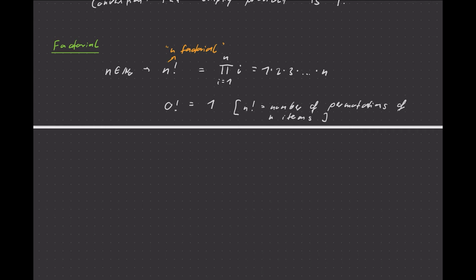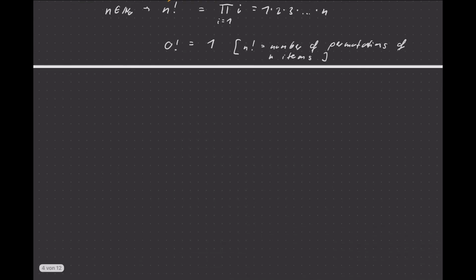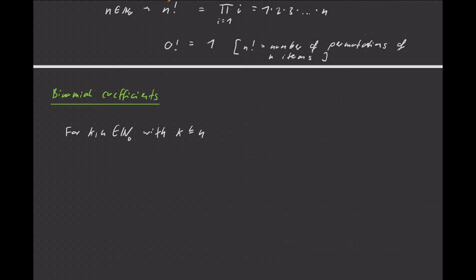And finally, I'd like to talk about the binomial coefficients. In this case, you have two natural numbers, k and n, both natural numbers, with k less or equal to n, and at least k may be 0 as well.